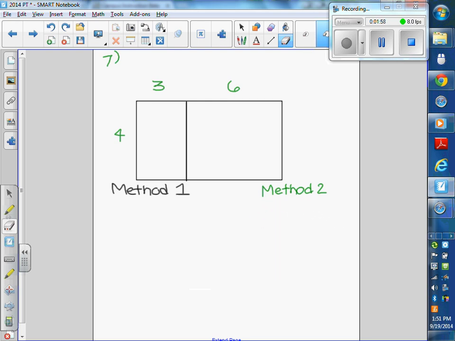Okay, so in the homework it said, find the area of the big rectangle 2 different ways. True? Okay, so what I did on the board yesterday, using that area model, I said, what's 3 times 4? And we would put the answer to that in this part of the box, because I'm multiplying these 2 numbers.